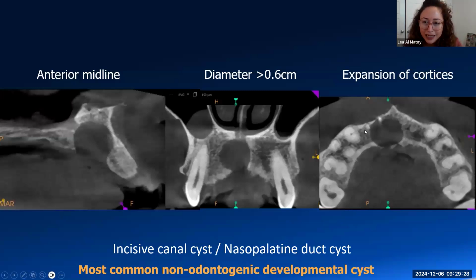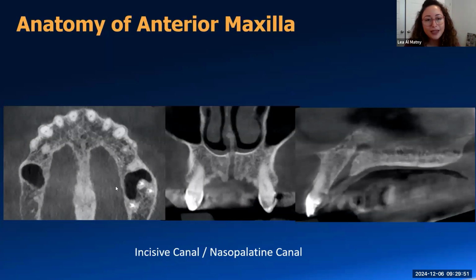When you have these 3 factors, it's good to think of nasopalatine duct cyst or incisive canal cyst in your differential. And I'm actually going to just go out and say, if these three exist and you see it from the incisive canal, then it is not just a differential, it is your diagnosis.